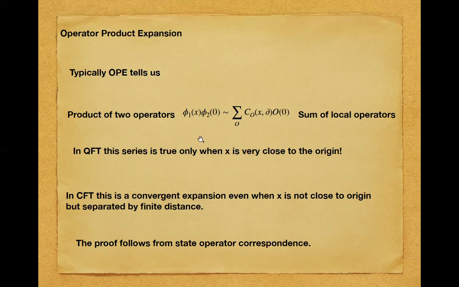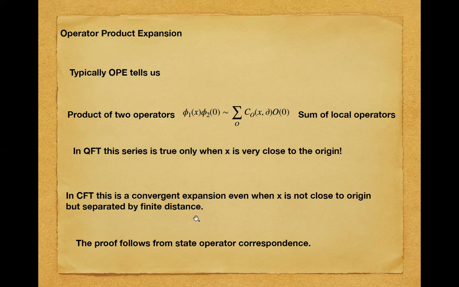Okay. But you should notice that this is an infinite series, and therefore there might be a problem with the convergence of this series. And that is indeed true, because in QFT this series makes sense only if x is very close to the point 0, so if these two operators are very, very close to each other.